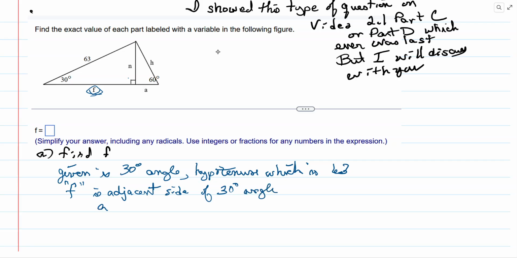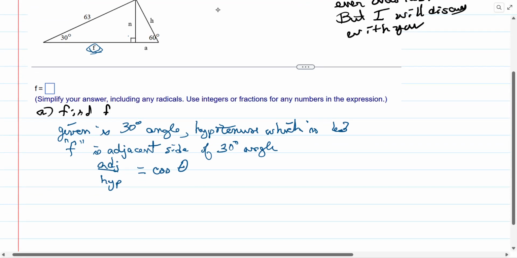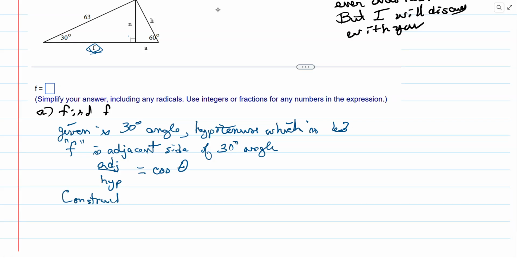Let's construct it. If I have adjacent over hypotenuse, then I've got cosine of theta. That's our identity, the ones you're supposed to know pretty much by heart. Now we're going to construct our equation. We have the cosine of 30. Oops, no, I put theta there, I'm sorry.